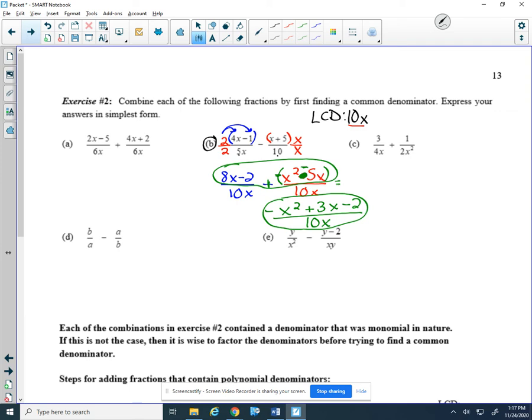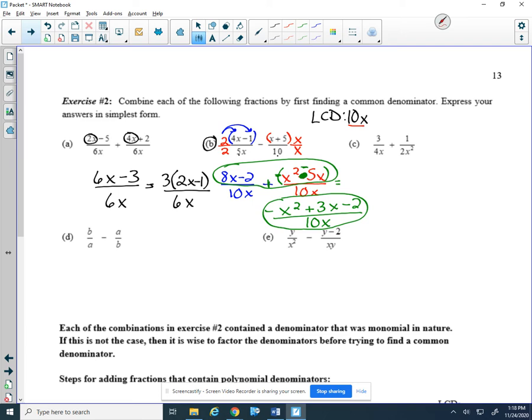So letter A already has a common denominator, so I'm just going to combine like terms. So this is 6x minus 3 over 6x. Now this one, we can actually simplify. So here, if I look at my numerator, I have a common factor of 3. In my denominator, I just have that 6x.